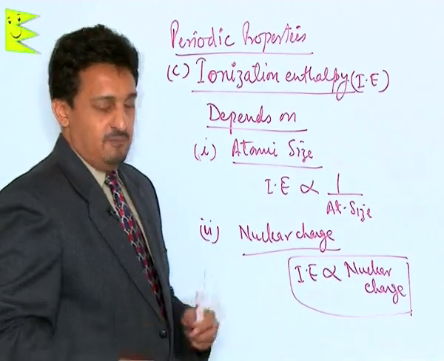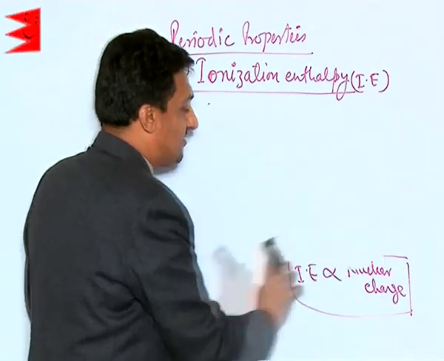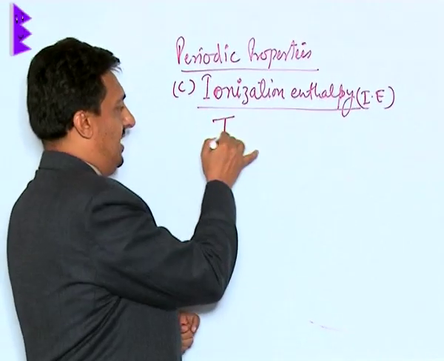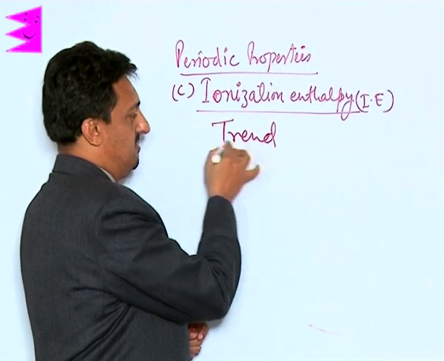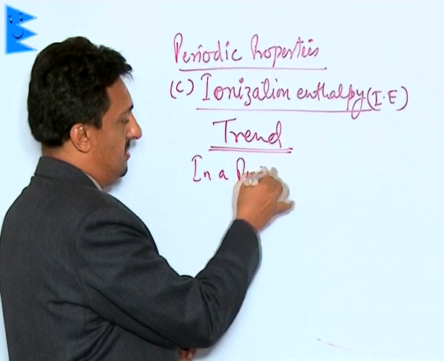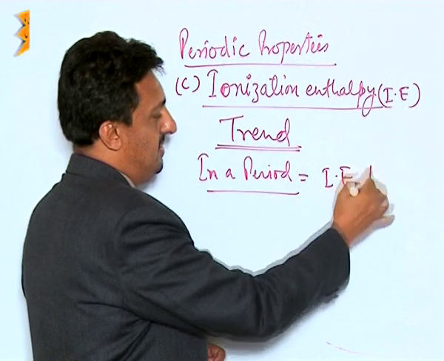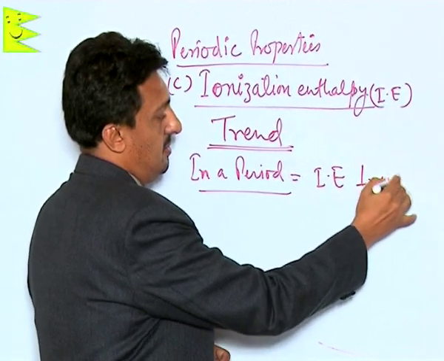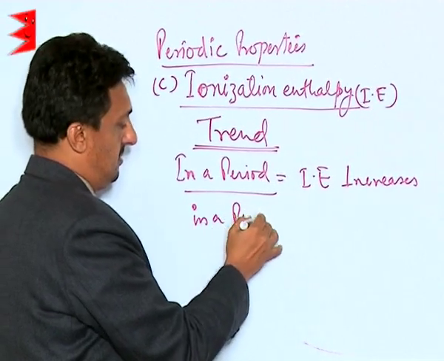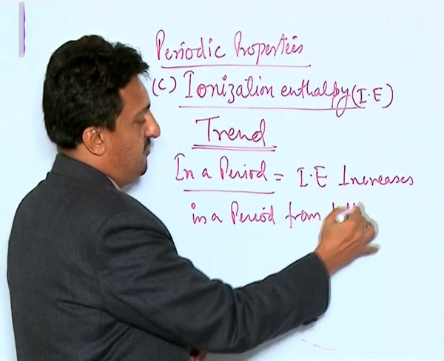Now on the basis of these two factors, we can easily predict the trend of ionization energy in the periodic table. The trend is very simple. In a period, ionization enthalpy increases from left to right.